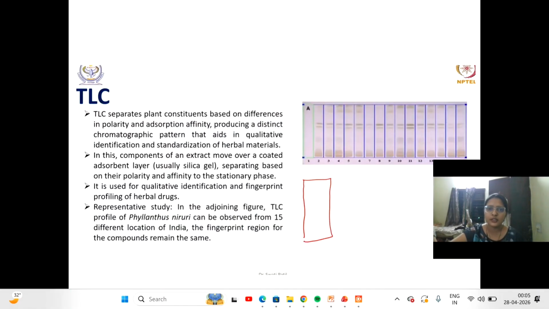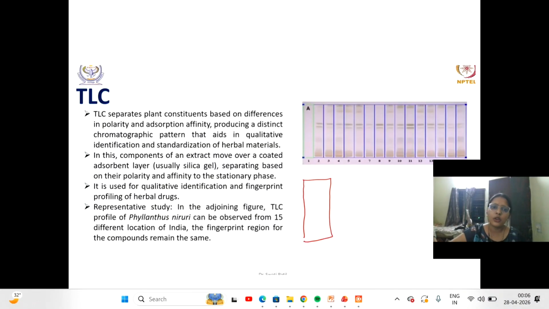Okay, so this is a silica covering over an aluminium plate, and markers or samples are spotted or banded on one side, and separation is based on polarity and affinity to the stationary phase.